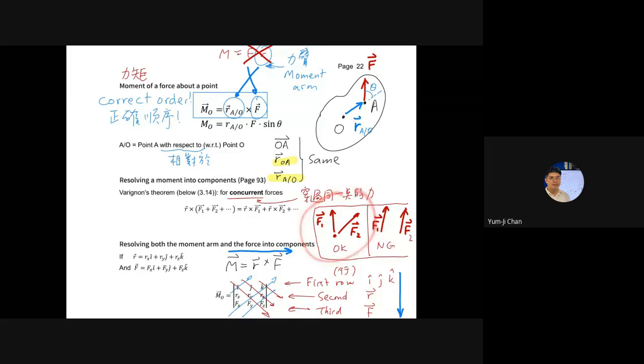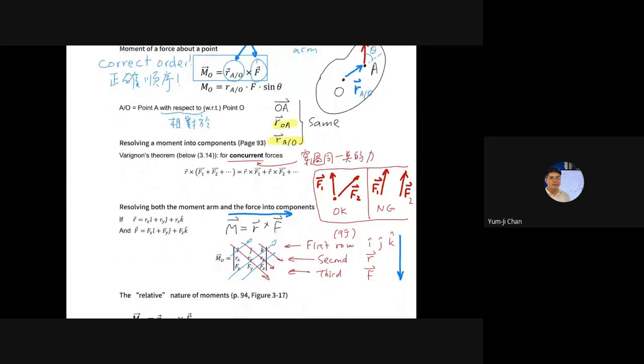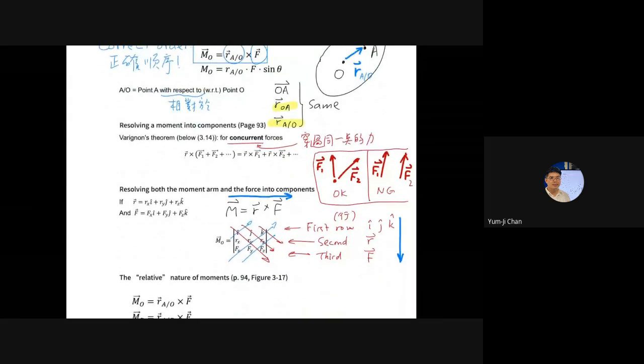And if both the moment arm and the force are written down in i, j, and k, we can determine M, that is R cross F, using the determinant. In the first row, these are i, j, and k.